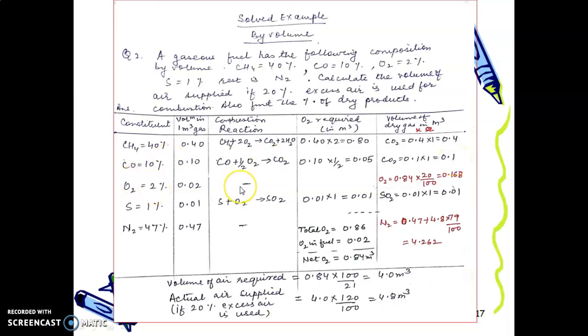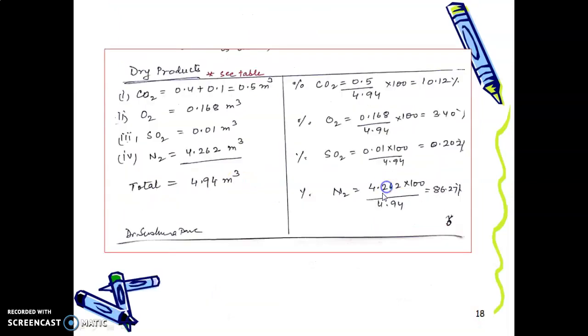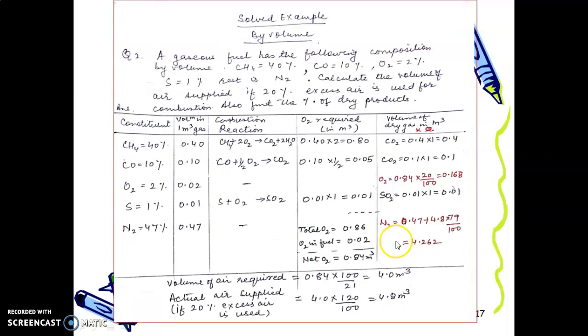Now how can oxygen be calculated? In a similar way, we have to calculate the excess air. The excess air is 4.8 minus 4, that is 0.8.